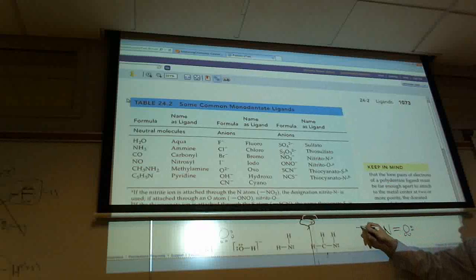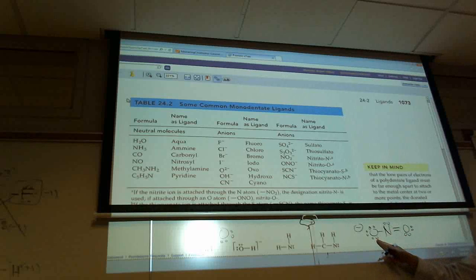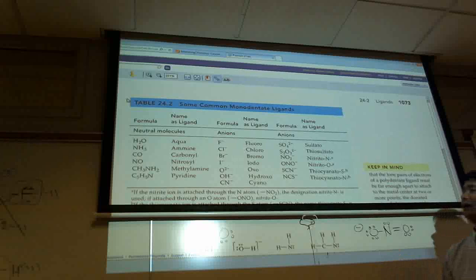When I look at the Lewis structure for nitrite, I would say this oxygen should be the best donor. This oxygen has a full negative charge, and it's got a lone pair. And so I would think this would be the best donor atom.